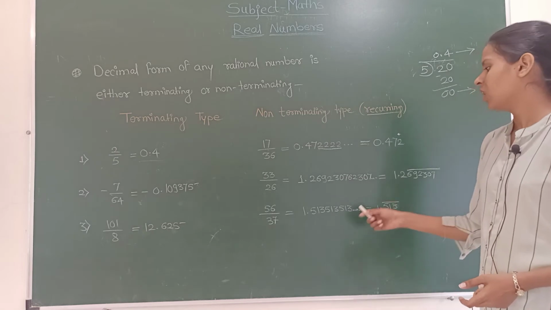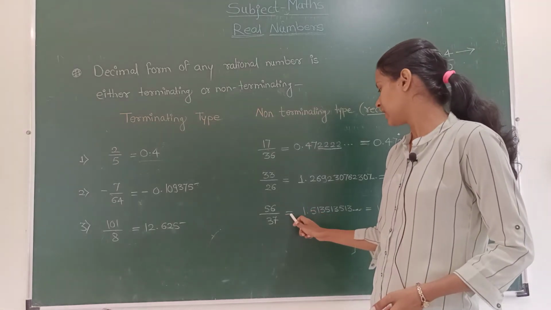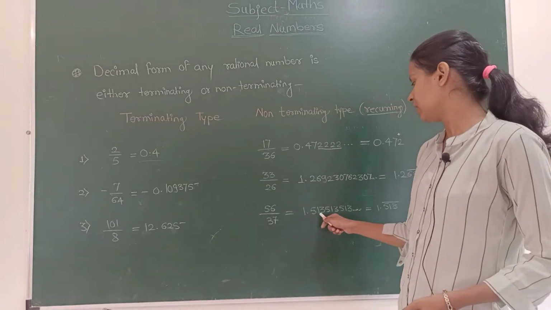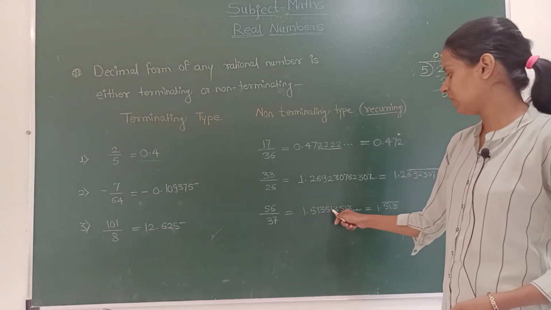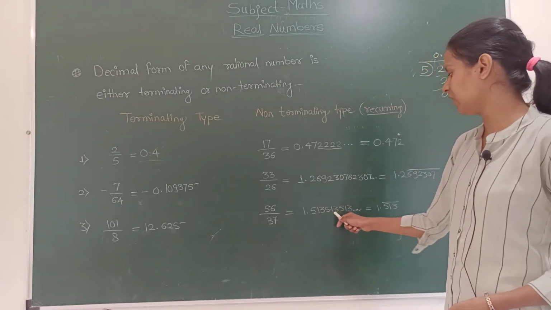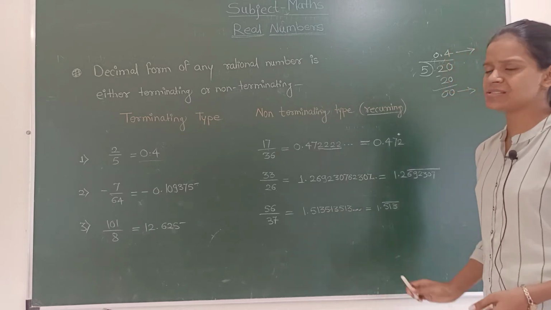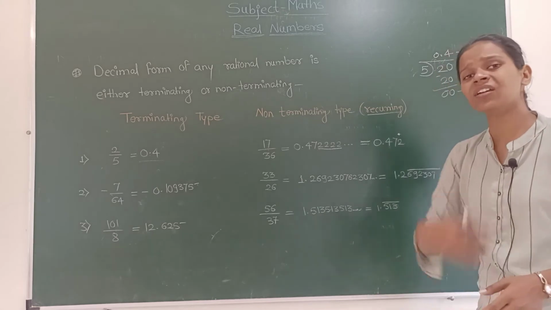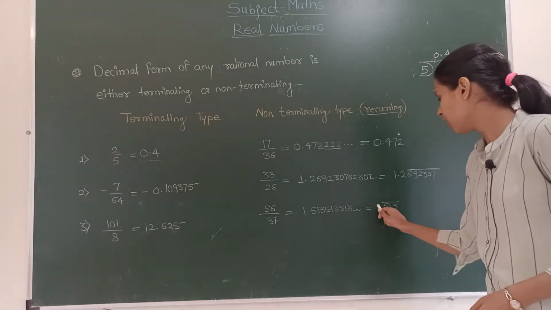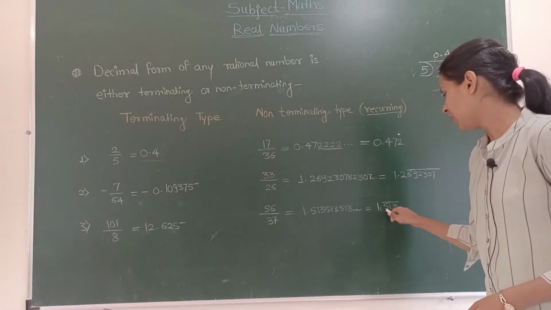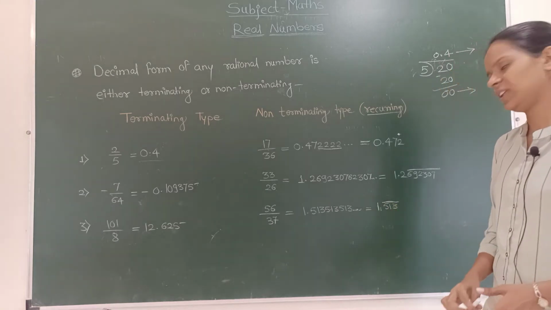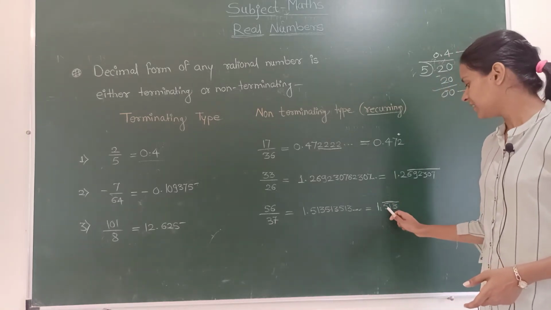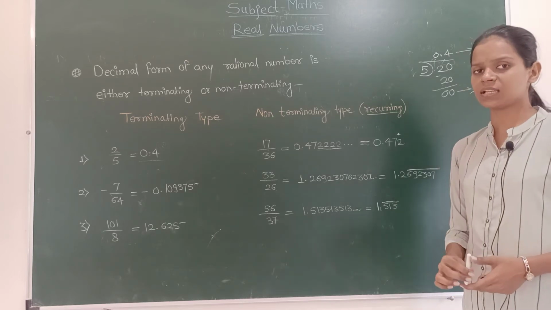See next, 56 upon 37 is 1.513 and it is continuing. So 513 is getting repeated. So what we will do is write 1.513 and the line. The line represents that this number is repeating constantly.